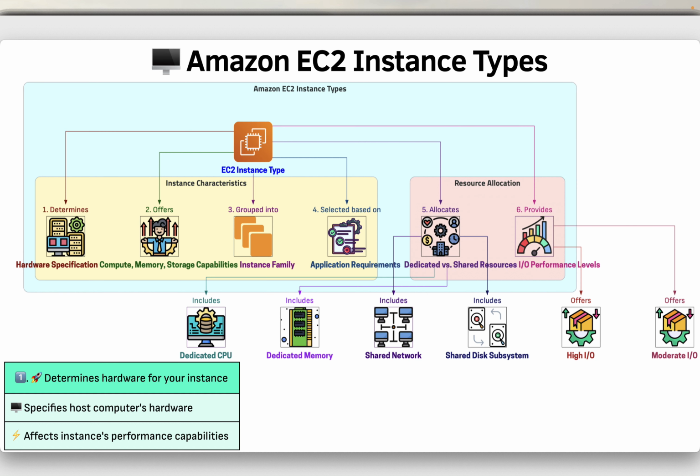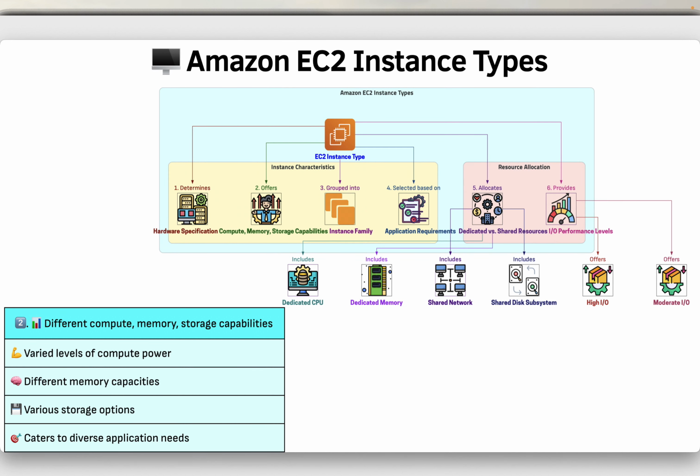Okay, next is Amazon EC2 instance types. The instance type specifies the host computer's hardware, affecting the instance performance capabilities. So there are different types of instance types. This instance type actually determines what kind of hardware will be part of your operating system.